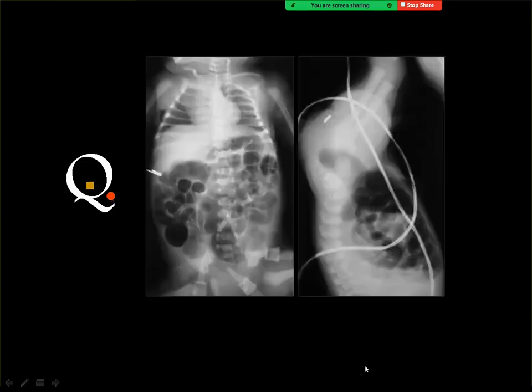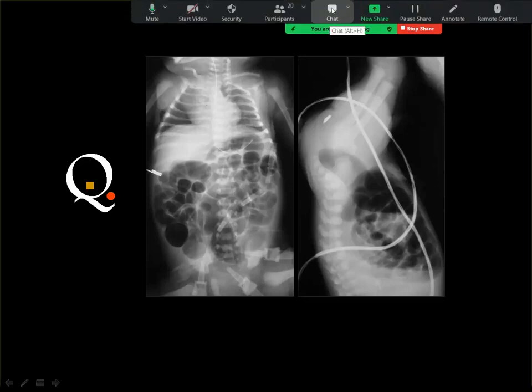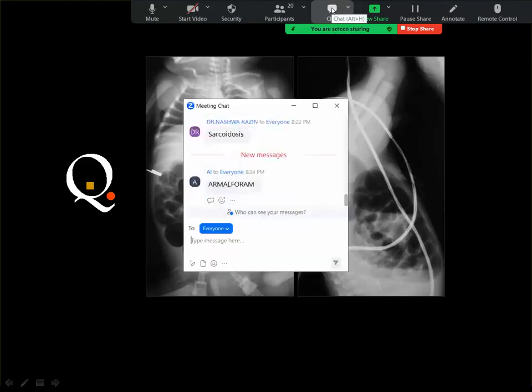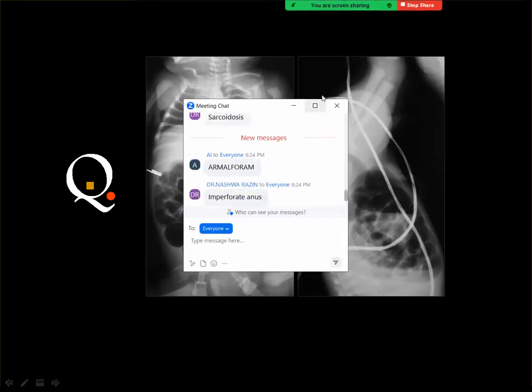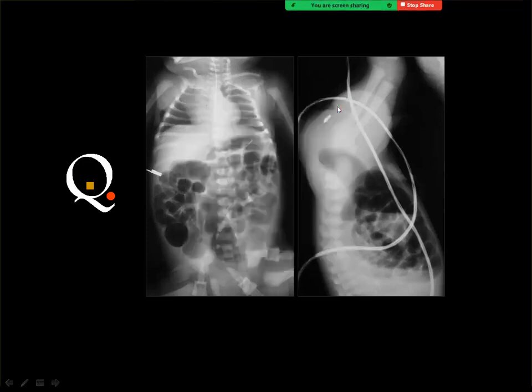Next is a neonate, and he is examined to diagnose a certain anomaly here. Imperforate anus, yes, and this is imperforate anus. This is known as invertogram.